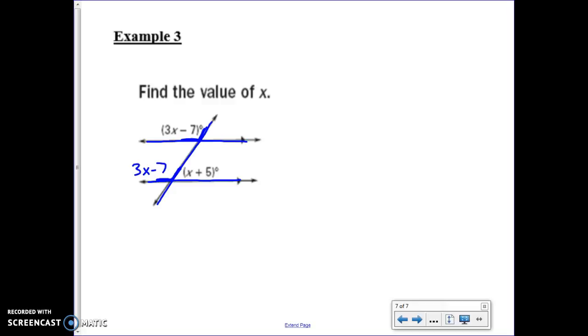However, then that means that we have a linear pair. So think back, when we know about linear pairs, we know that linear pairs add up to 180. They are supplementary. So instead of putting an equal sign there, I'm going to add them together and I'm going to set them equal to 180 because they're supplementary. They're not the same. So I have 3x plus x gives me 4x, and I have minus 7 plus 5 gives me a minus 2, equals 180.